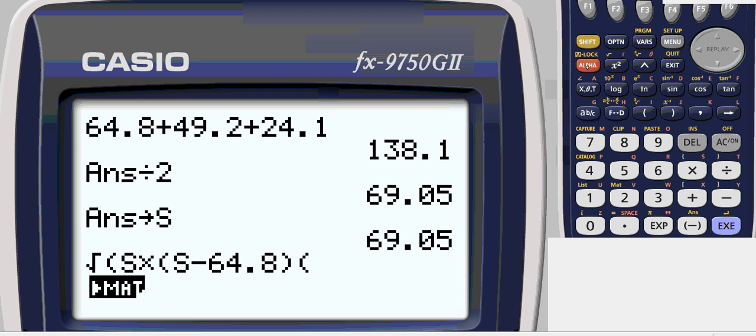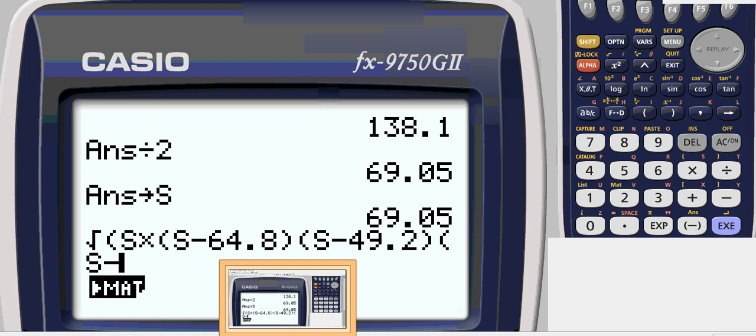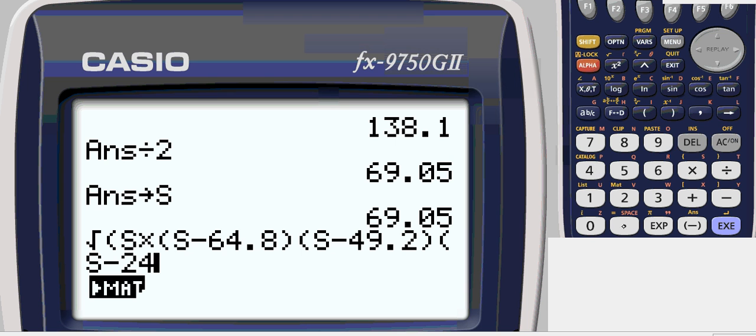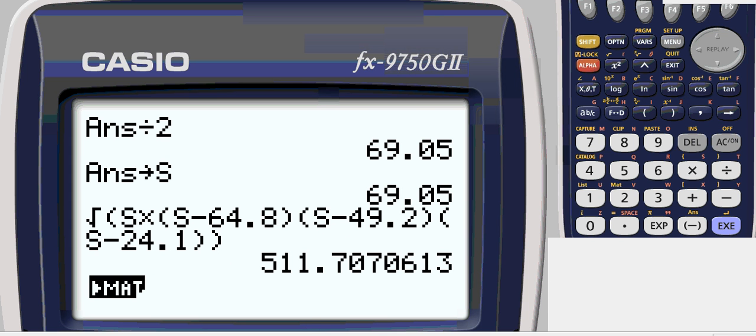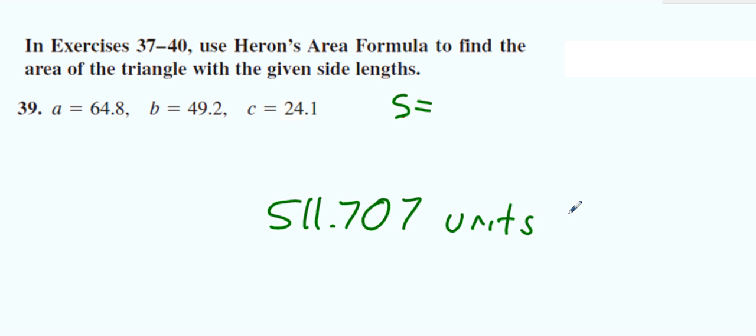Times S minus B, which is 49.2. Times S minus C, which is 24.1. I already have the square root typed in there, so 511.707. Units squared.